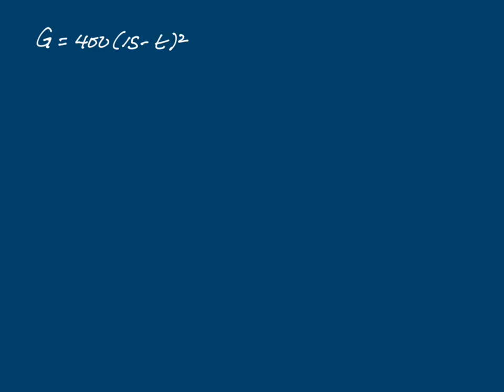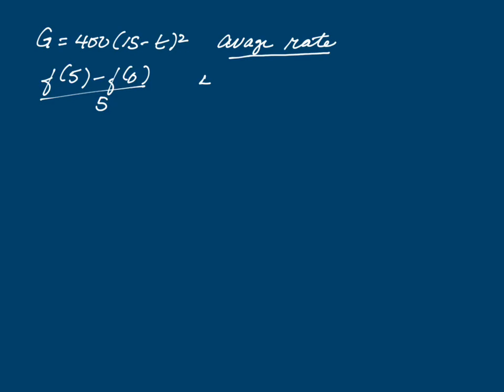Because they say average rate, we're going to use average rate of change. Over the first 5 minutes, it would be g of 5 minus g of 0 over 5. So that would be 400 times 15 minus 5 squared, minus 400 times 15 squared, over 5.